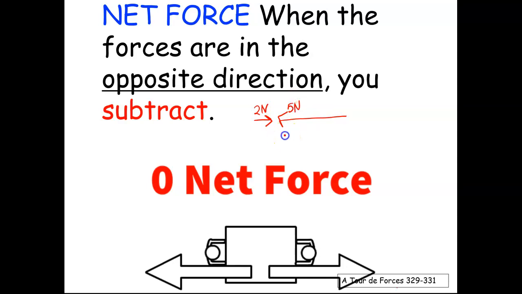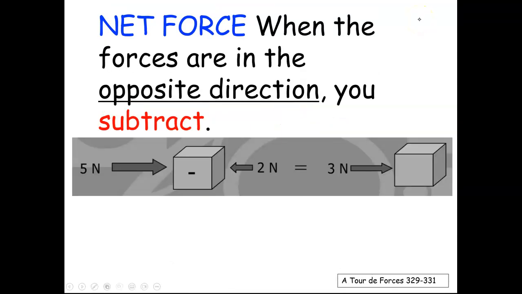We know that we're going to end up with 3 newtons to the right. So when they're in opposite directions, you write the bigger force first, and then it tells you what direction the resulting force will be. So here you have 5 newtons to the right and 2 newtons to the left, which ends up being a total force of 3 newtons to the right.